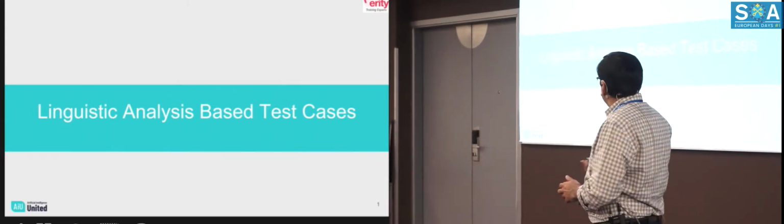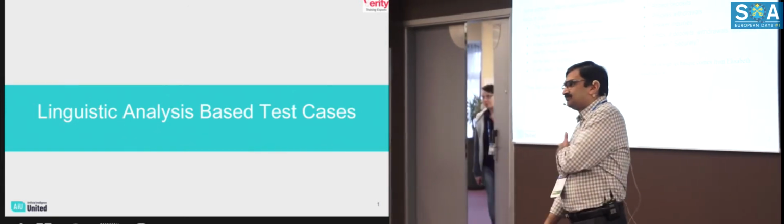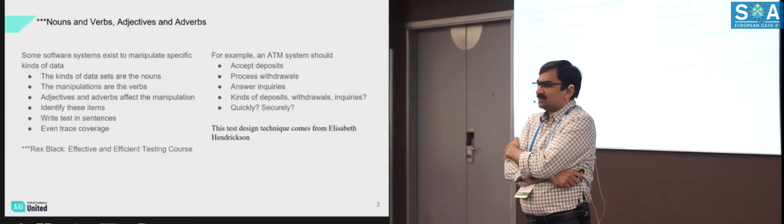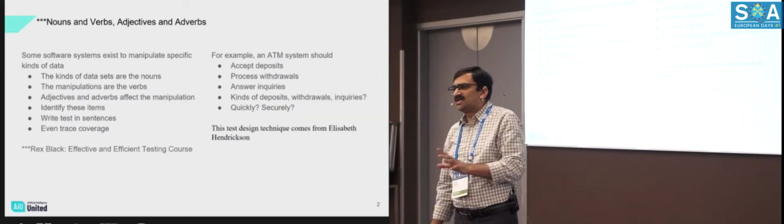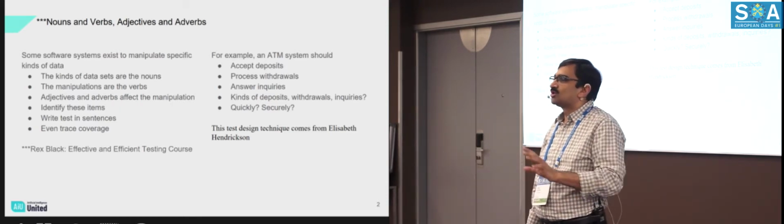Now, take a look at this slide here. How many of you are aware of object-oriented design? You must have heard the name even if you have not done it. There was a time when object orientation was not in vogue. It was not popular.